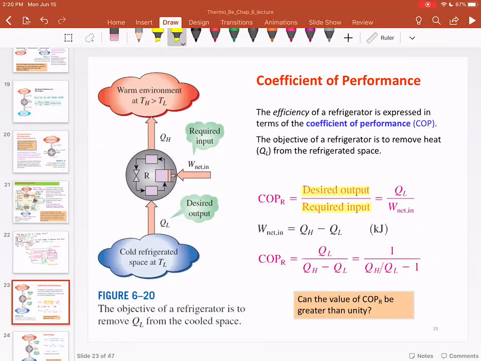So if we are looking at heat absorption, then my desired output is QL. So in the case of refrigerators, I'm going to focus on QL. On the other hand, in the case of heat pumps, I would be focusing on QH.